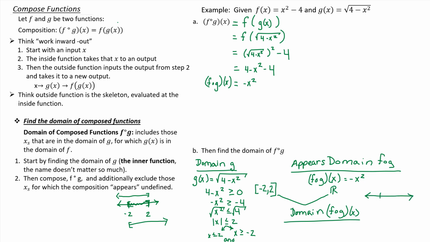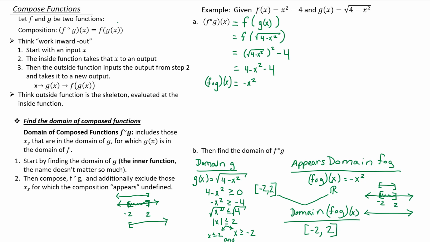I'm going to put -2 and 2 down. The first says the domain is between -2 and 2. The second says the domain is literally everything. So where do those two intersect? At -2 to 2. And so the domain for f composed with g is -2 to 2, because we took the intersection of the inside function's domain and what appeared to be the domain of f composed with g.